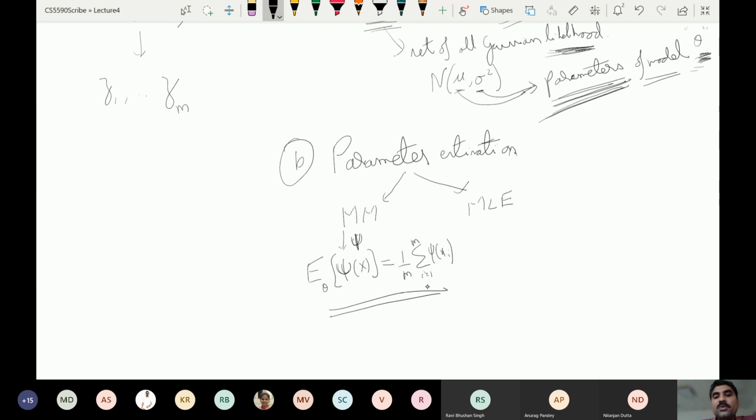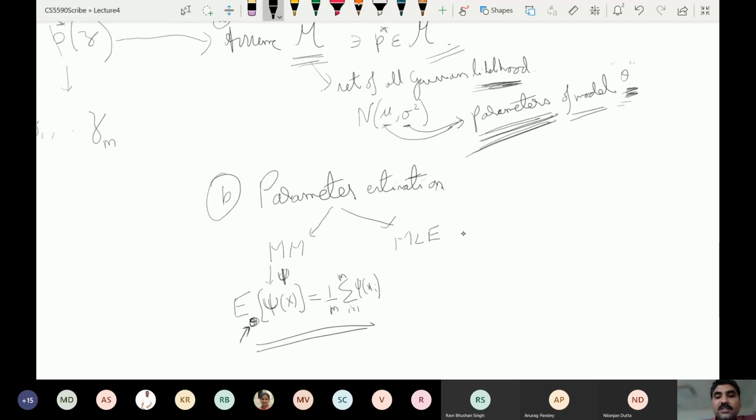So this is what you do in case of method of moments. Now instead of saying the unknown p, I am putting the parameter, because if the parameter is known, the likelihood function is known. That's the only difference.